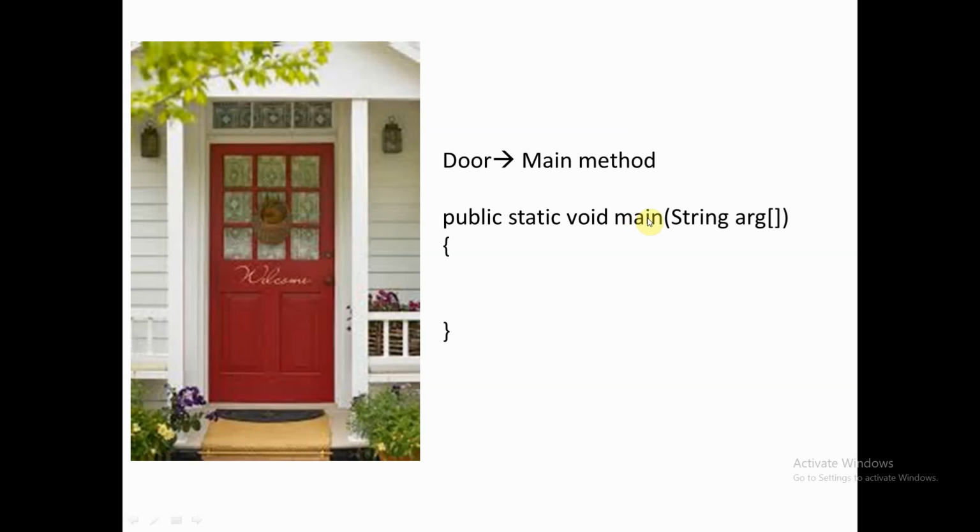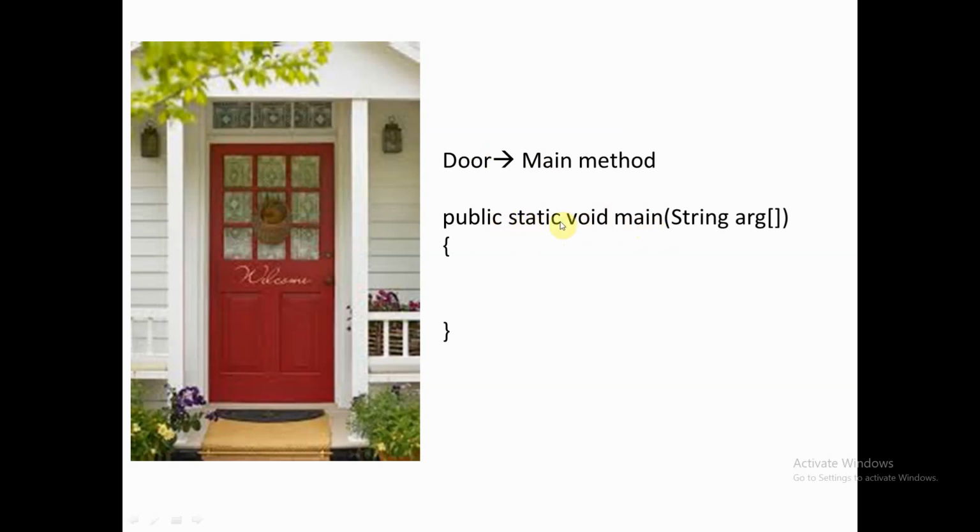So it should be called even without the help of an object. If you put static, you can achieve that. So what is the meaning of static? Without instantiating, you are able to call this main function. What is instantiating? Without creating an object, you can call this main function. So this static keyword is also very important.